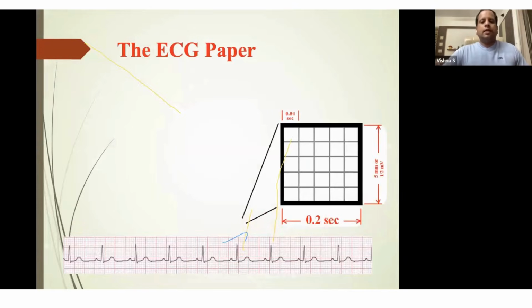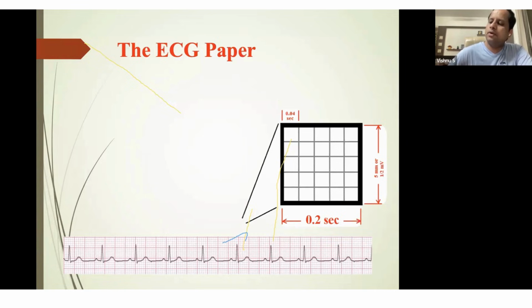Then in a basic ECG, when we take an ECG paper, there will be large squares and small squares also. A large square is 0.2 seconds or 200 milliseconds.